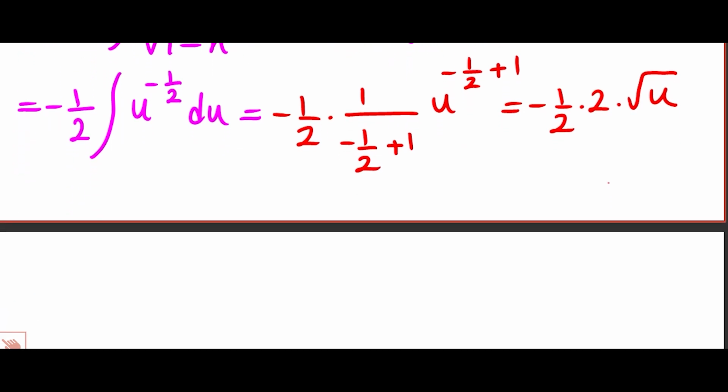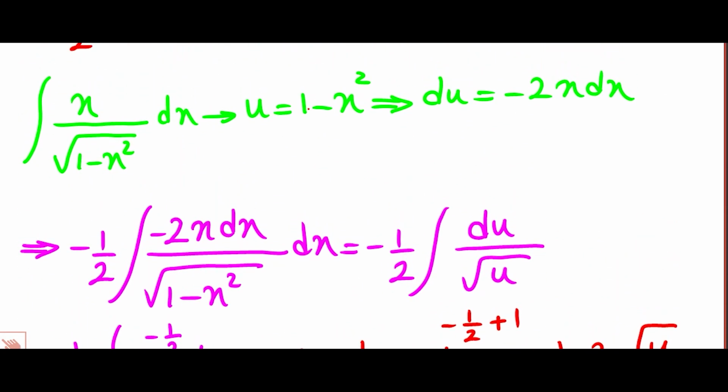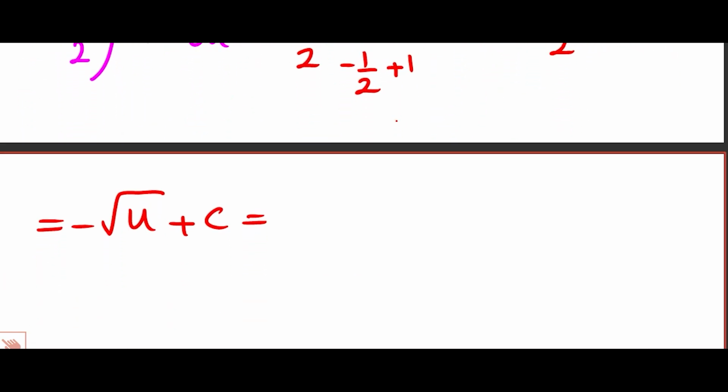So final answer is negative the square root of u plus c. And as you know, u is 1 minus x squared. So we have negative the square root of 1 minus x squared plus c.